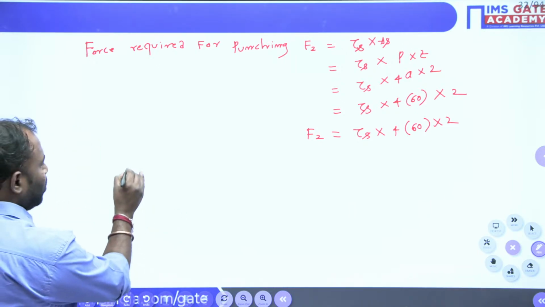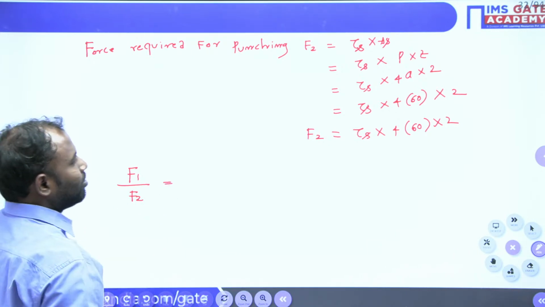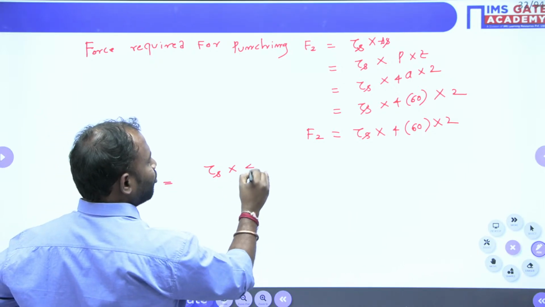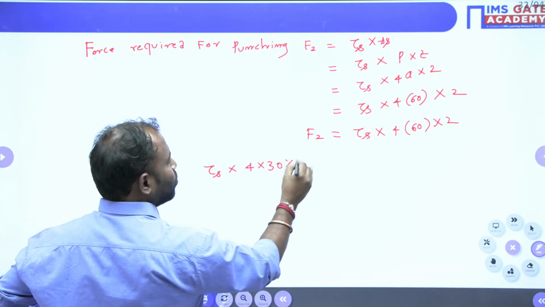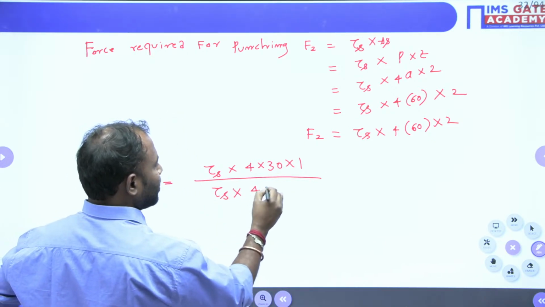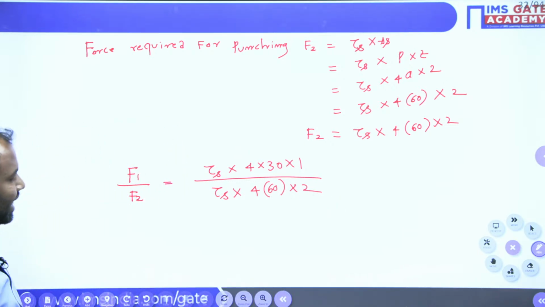Now let us see what they ask you in the problem. F1 by F2 they ask you to calculate. For that, sigma S into 4 into 30 into 1 divided by tau S into 4 into 60 into 2. Now 4 will get cancelled.